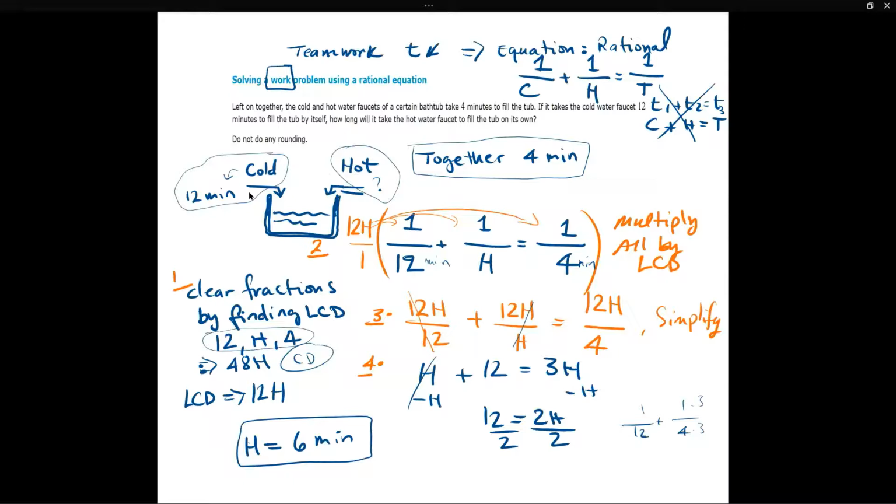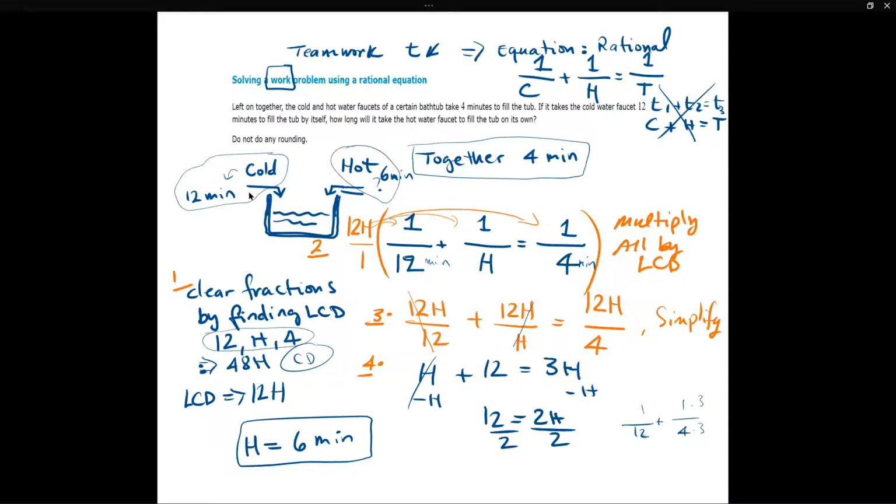All right, so does this make sense? Let's see, 6 minutes, right? If this one is 12, this one is 6. So if the 12 helps the 6, together should be less than 6, because the hot faucet by itself will do it in 6 minutes.